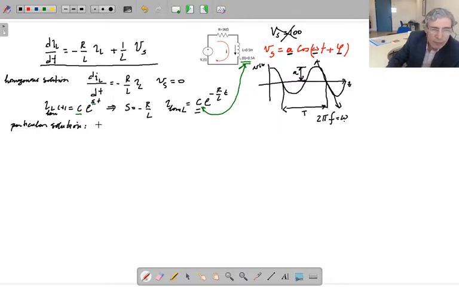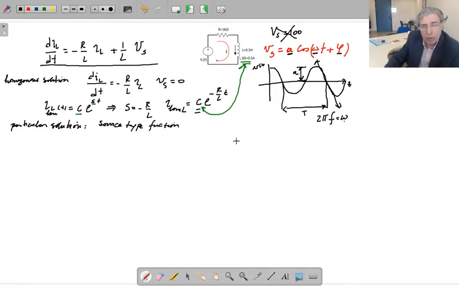It is a source type of function. What does this mean? The source is a sinusoidal function, so the particular solution is going to be a sinusoidal function.